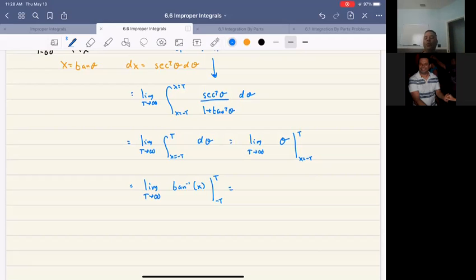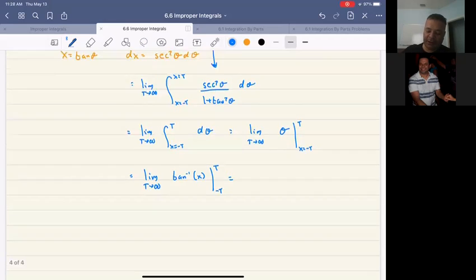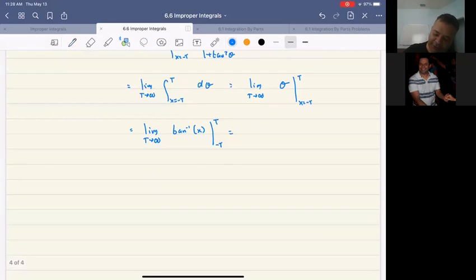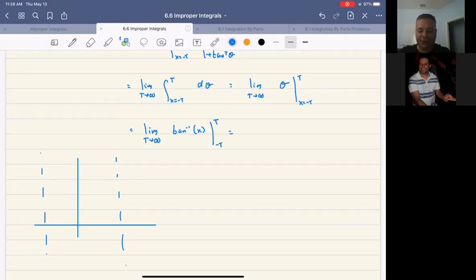Okay, now what is the arctan? We have to think about that. So let's draw the tangent function. The tangent function has these asymptotes at pi over 2 and negative pi over 2. So it looks like so.